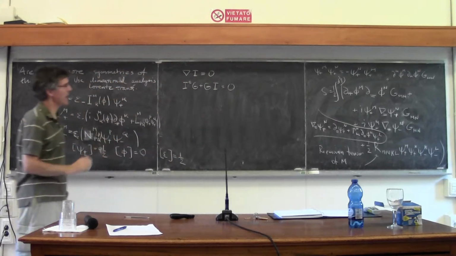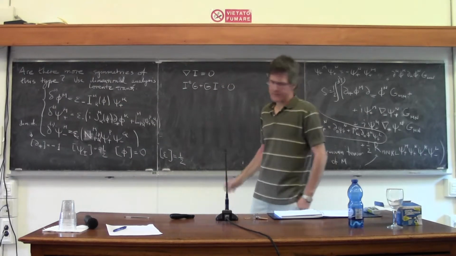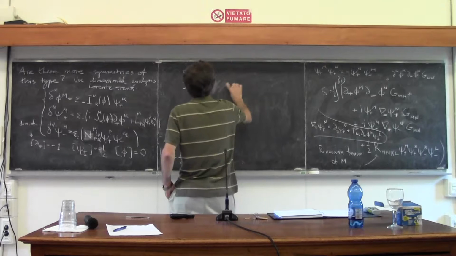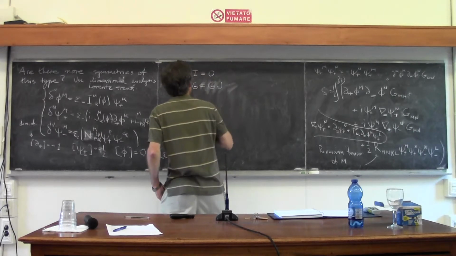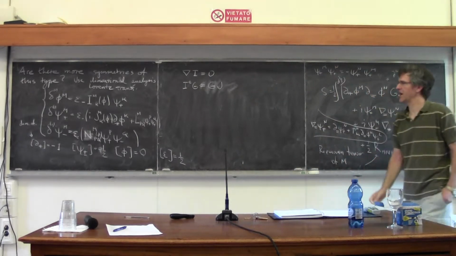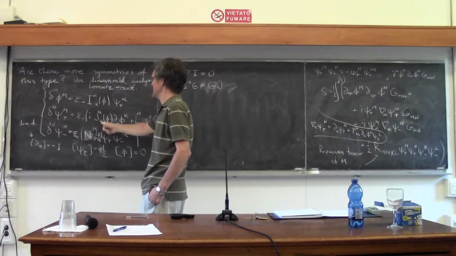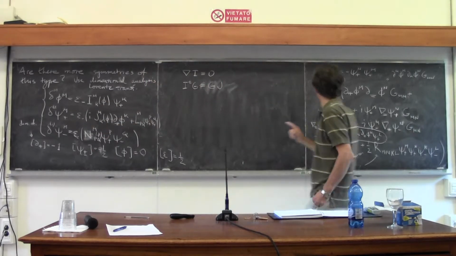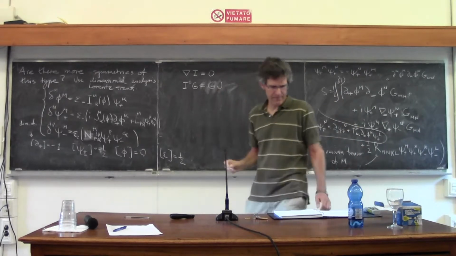Another relation on N, sorry, this is not quite what you get. Jump ahead a bit. I, G, and J: I is this tensor, J is this tensor, and G is the metric. It has to satisfy a relation like this.